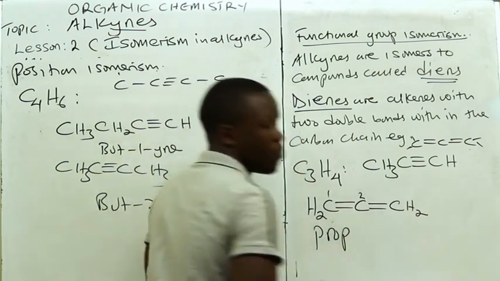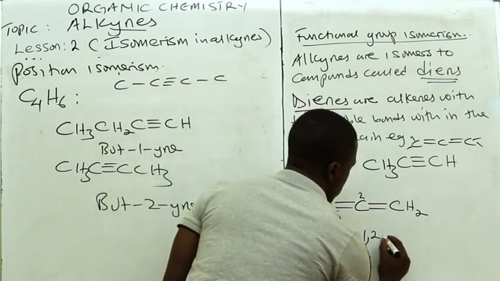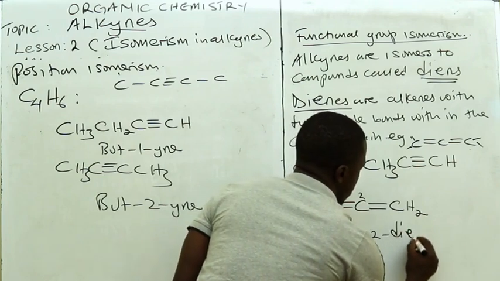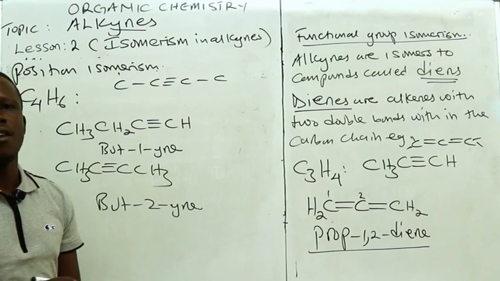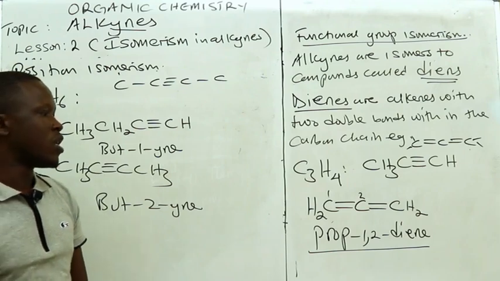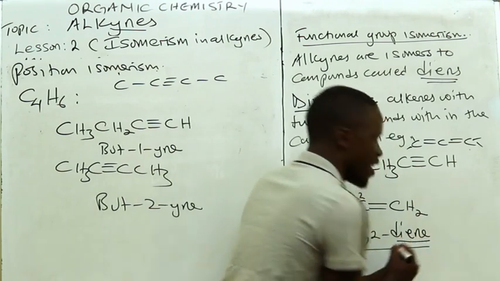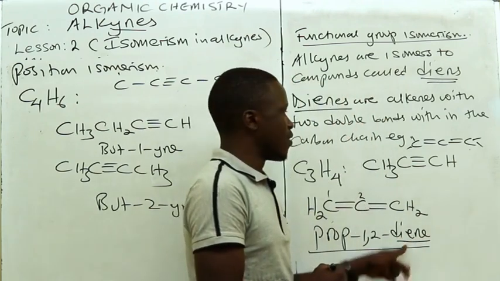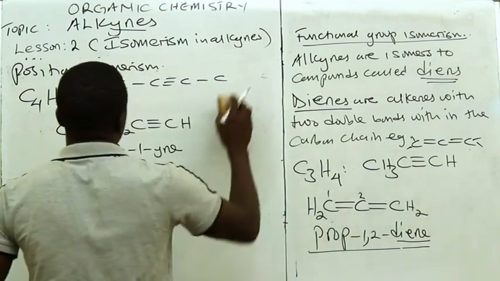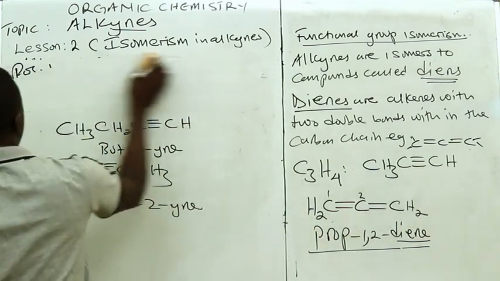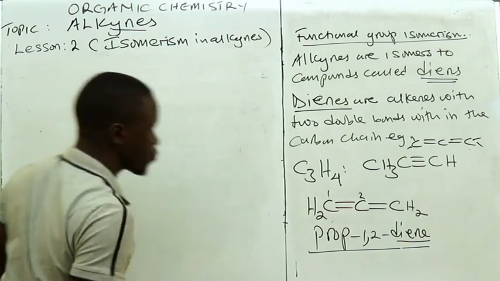Instead of saying propane, we say prop-1,2-diene. Prop-1,2-diene. So this is where the name is coming from, dienes, isomeric to the alkyne.